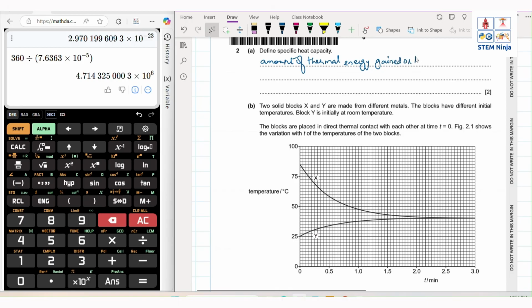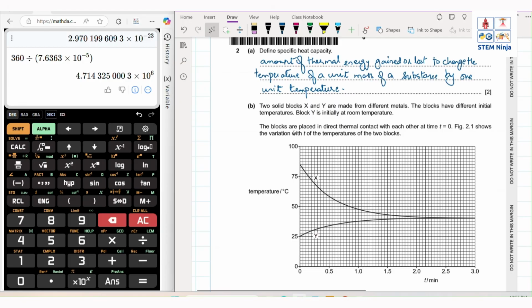So gained or lost to change the temperature of a unit mass of a substance by 1 unit temperature. You could also say by 1 degree Celsius or Kelvin.